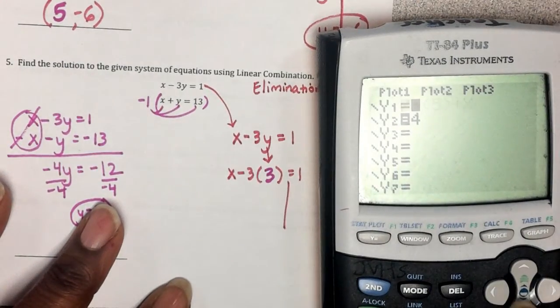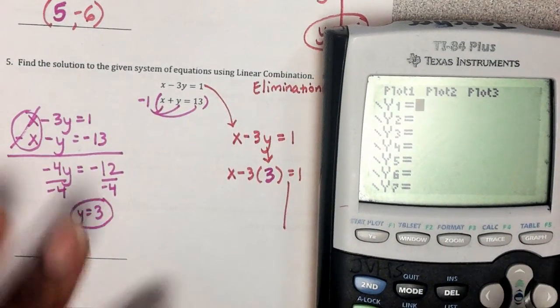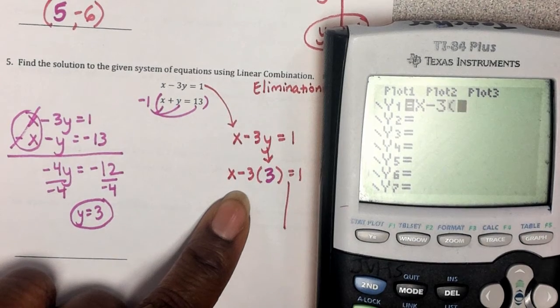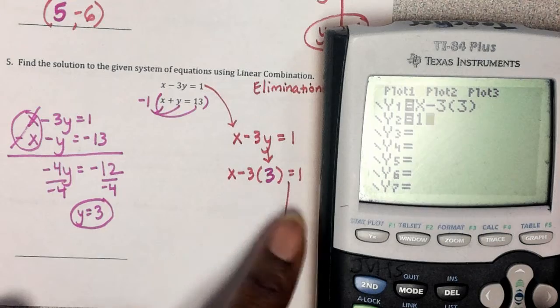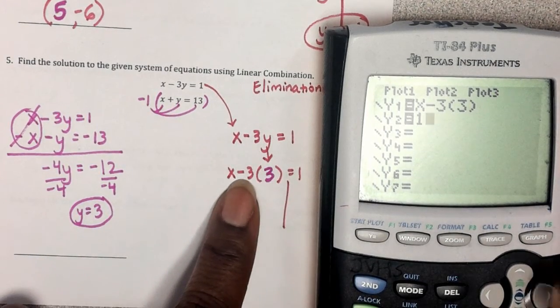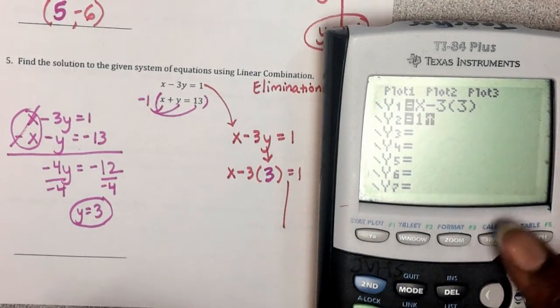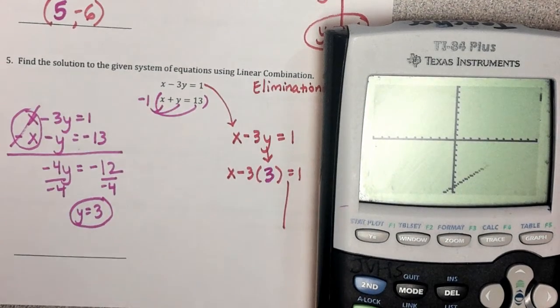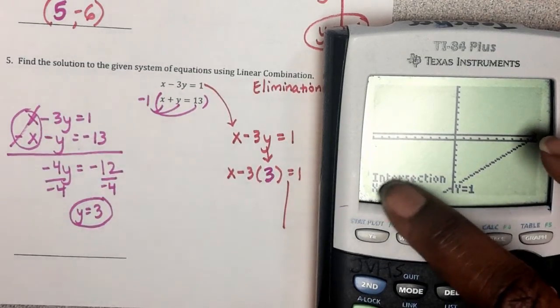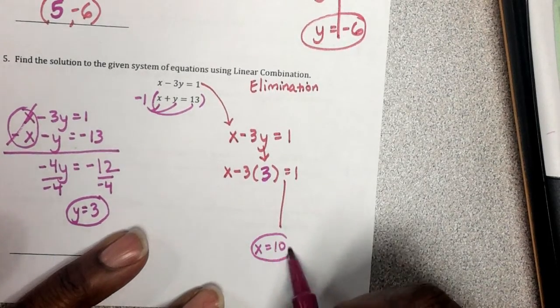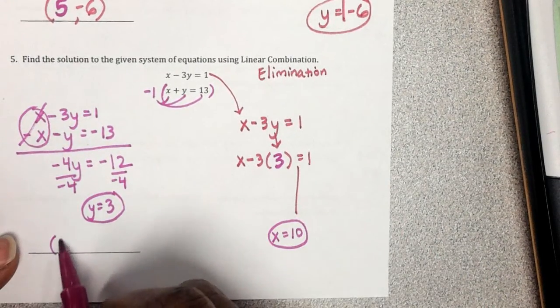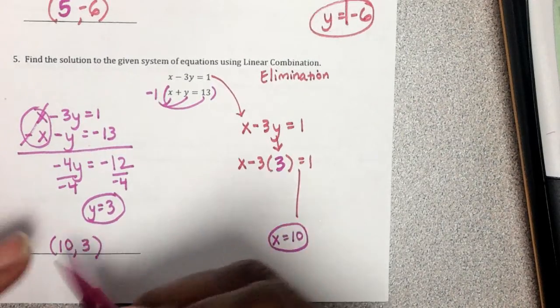I'm just going to use my calculator for faster purposes, and to re-show you how to use your calculator. X minus 3 times 3, trace, 10. X equals 10. So I'm getting 10 comma 3 for this one.